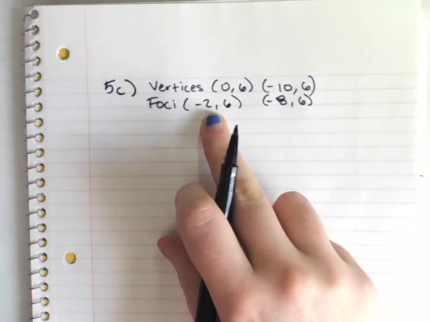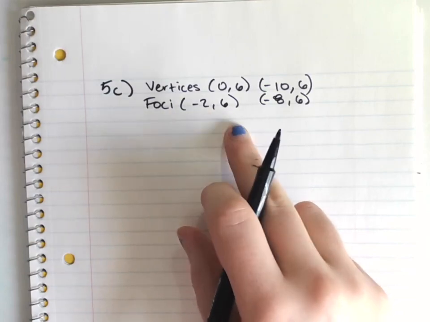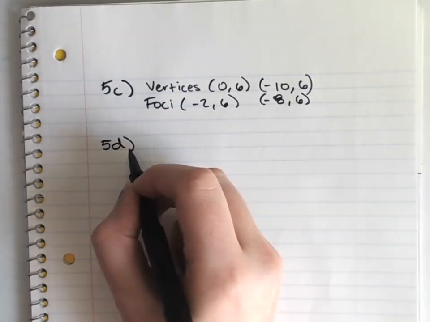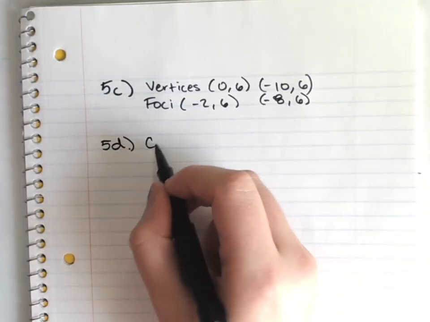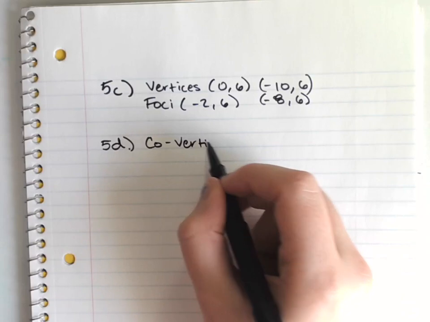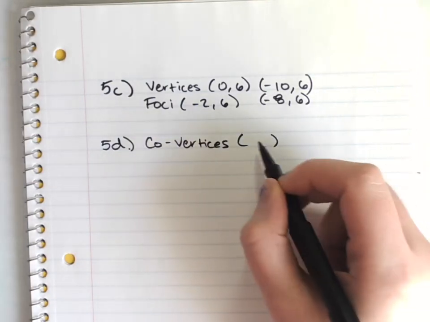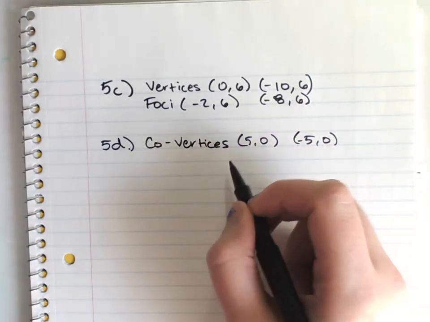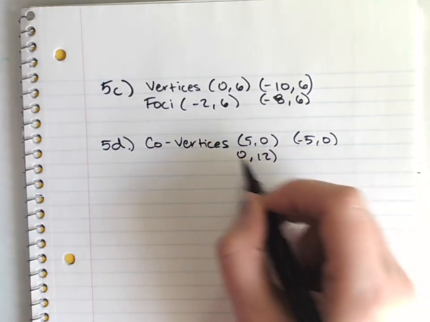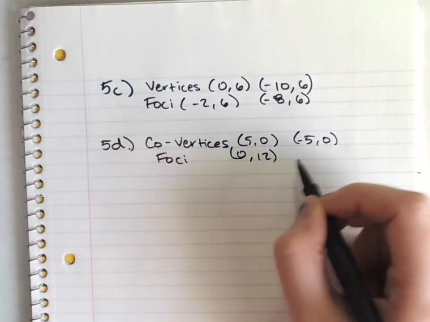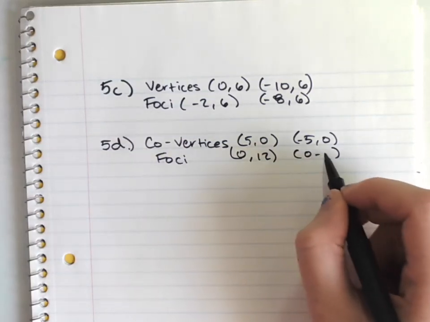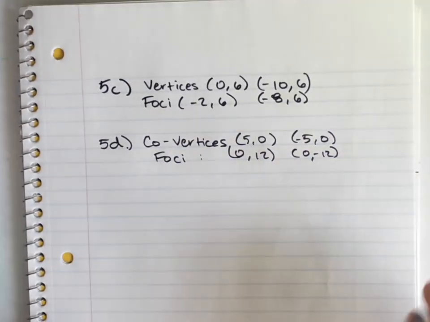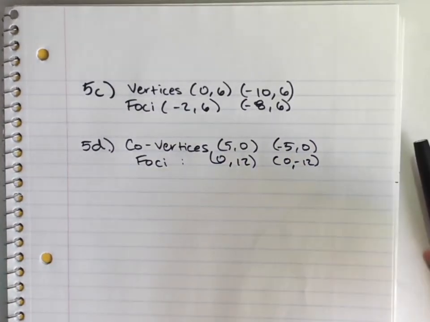This one is kind of like 5A. So if you need help, go back to 5A and look at that one. Okay. So there's 5D. C and 5D are for you guys to do. Alright, bye.